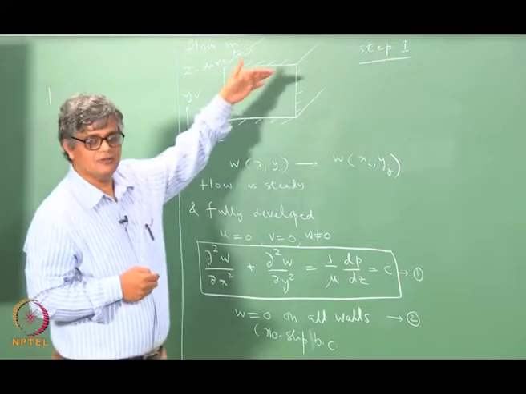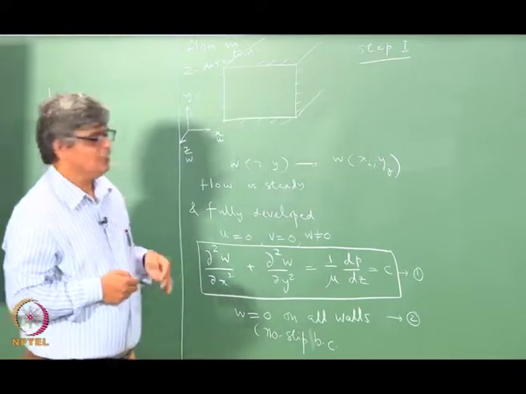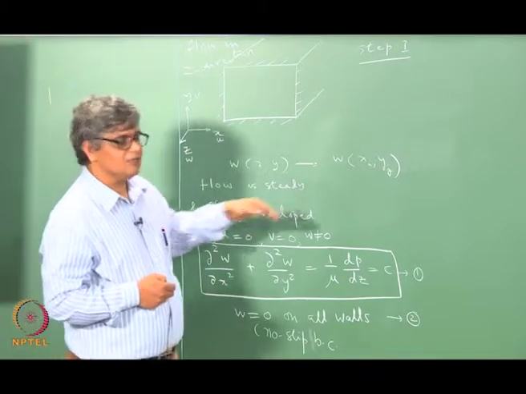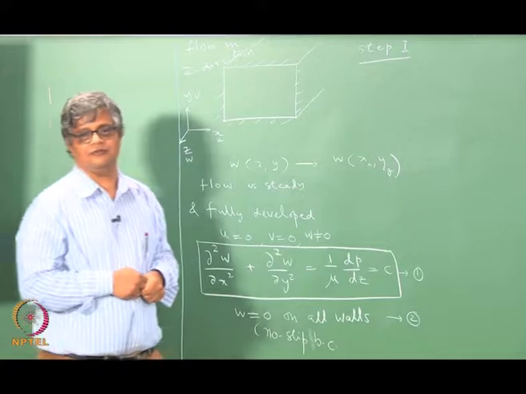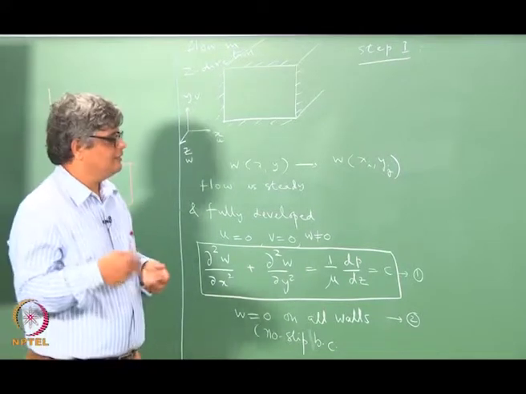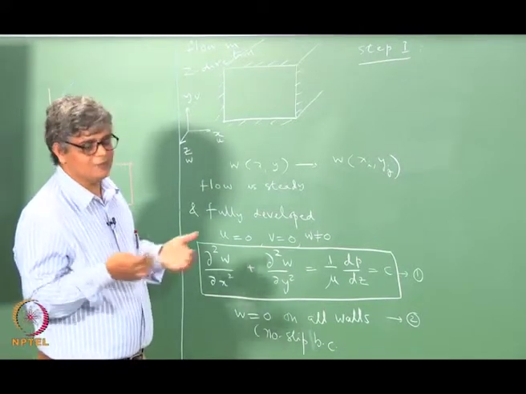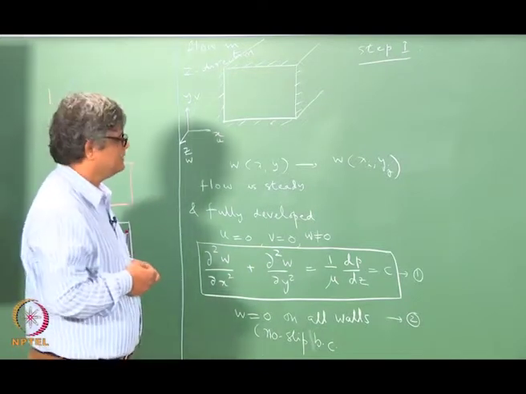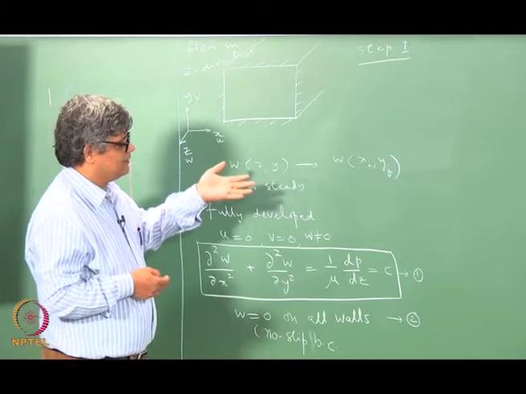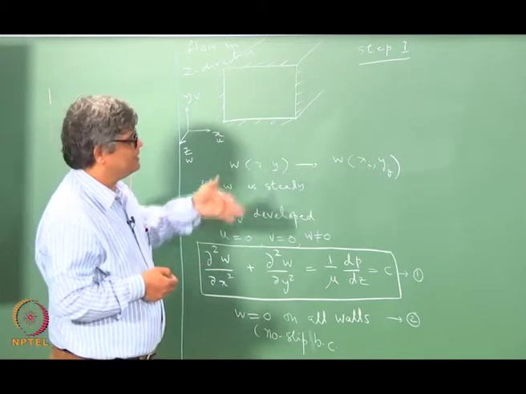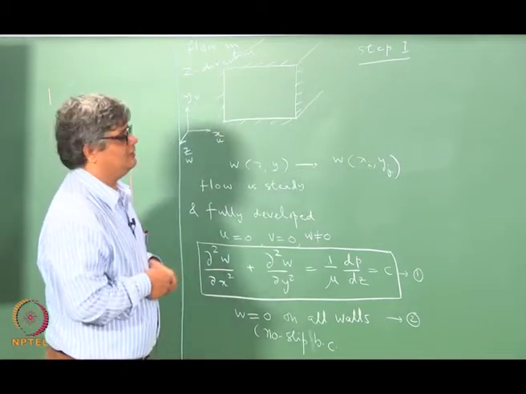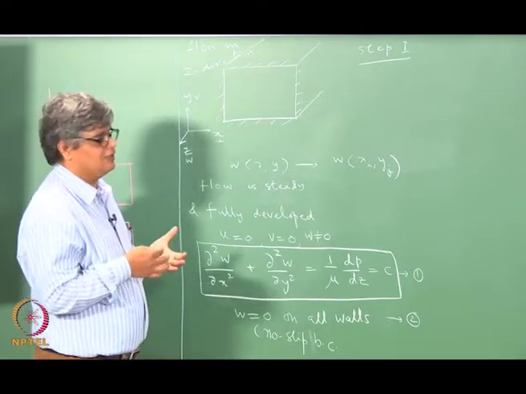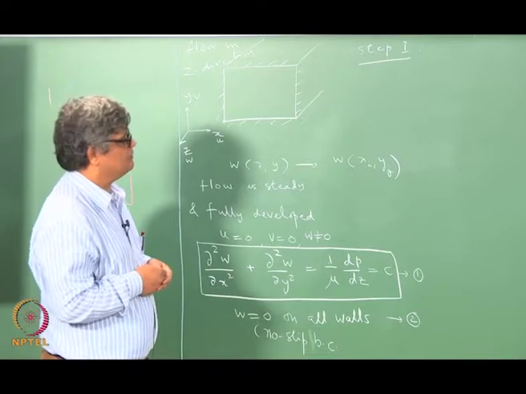In the first step of the CFD solution, we identify the nodes, the grid points at which we will be getting the solution W. It is in our control. We will see later on that we can make as many grid points as possible given all your computer constraints. So, we specify the grid points, and that is the first step of CFD, which we can call the discretization of the computational domain or flow domain.